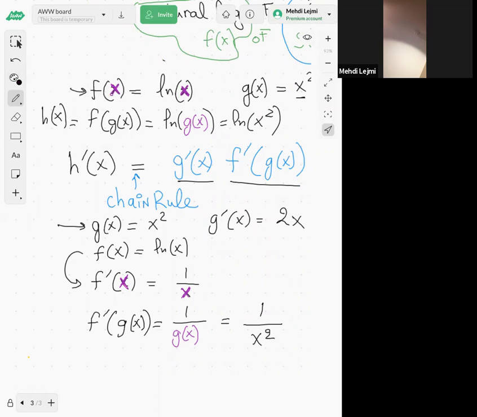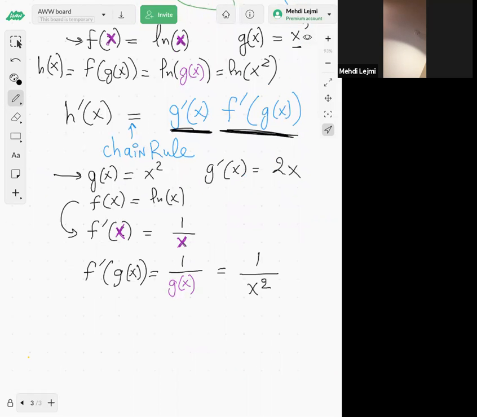Okay. So I got my g prime of x and I got my f prime of g of x. And so final answer, h prime is g prime, the 2x, times f prime of g of x, times the 1 over x squared. So that would be equal to 2x over x squared.